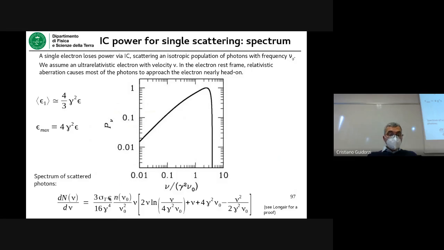And then you get velocity times energy density, so flux times area, which is number of photons per unit time. So this is just the resulting spectrum as a function of frequency, where nu is just the final frequency of a generic photon which is being upscattered by the electron, whose Lorentz factor is gamma squared.